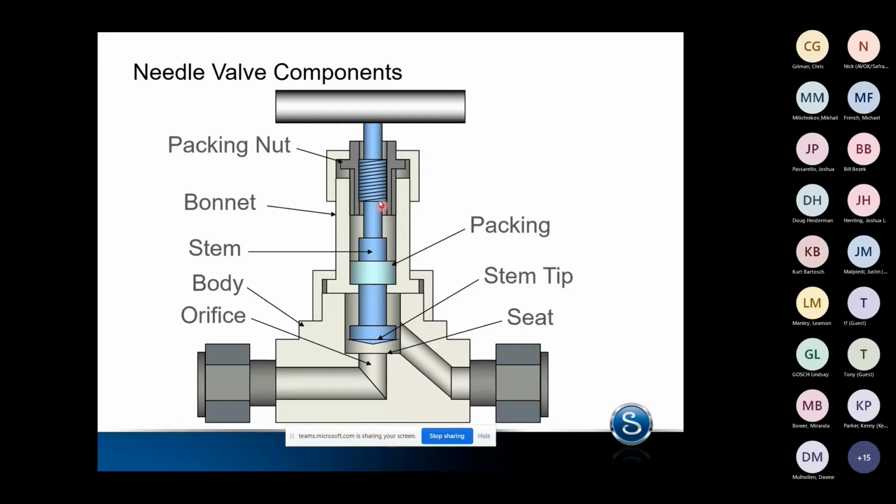So this entire stem can become side loaded, which means that we're not able to maintain as robust a seal against our seat here. From a flow performance, it's going to be pretty similar, but from a wear standpoint, you're going to see much more wear if we start side loading the stem. It's a good question.